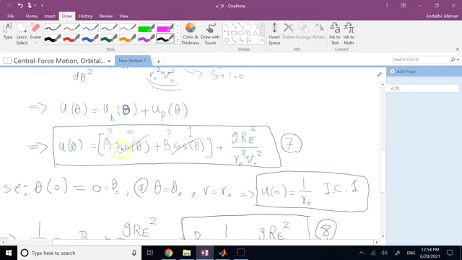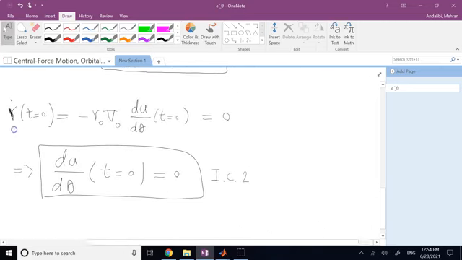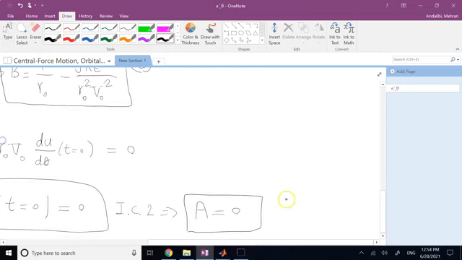You will only be down to a cosine of 0, which is 1. So the whole derivative of this with respect to theta at time 0 is going to be a. So it means this thing is equal to a, and it means a has to be what? 0. So this is your second thing. The constant a ought to be 0, and that's equation 9.